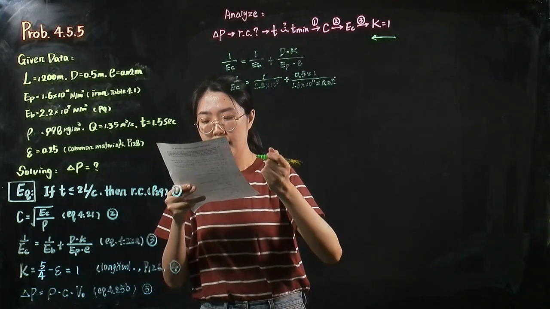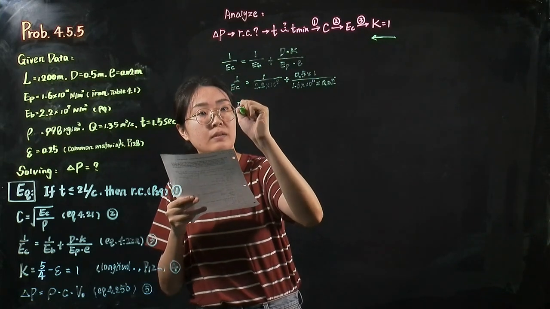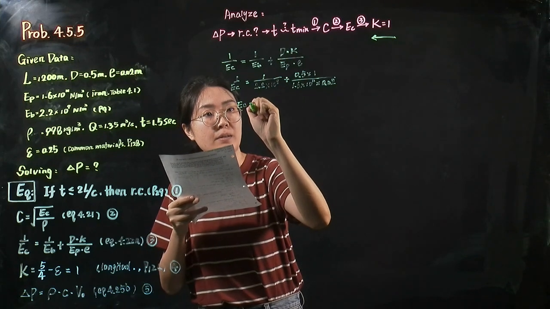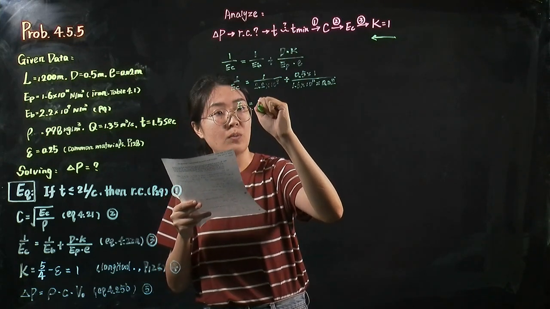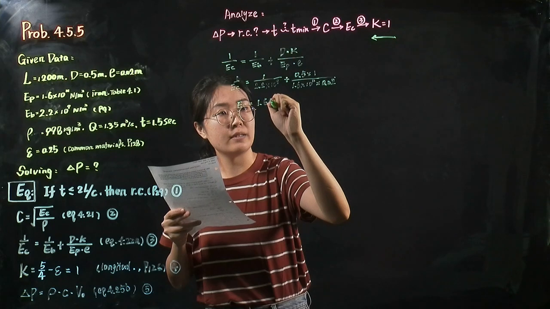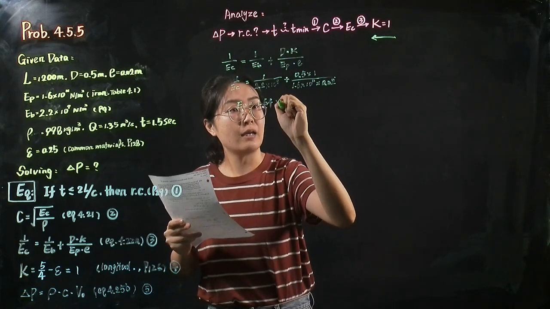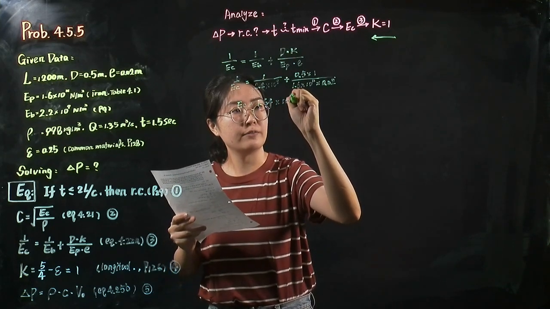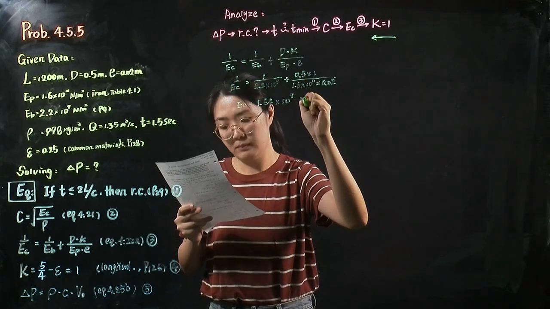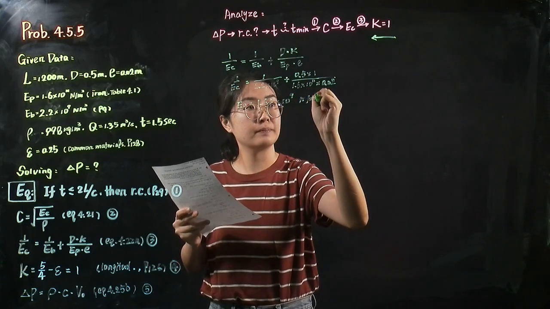Then we can get E sub C equals 1.64 times 10 to the power of 9 Newton per square meter.